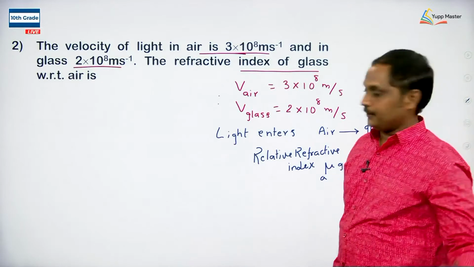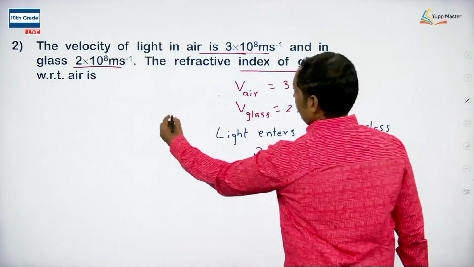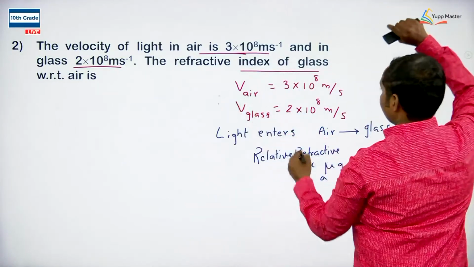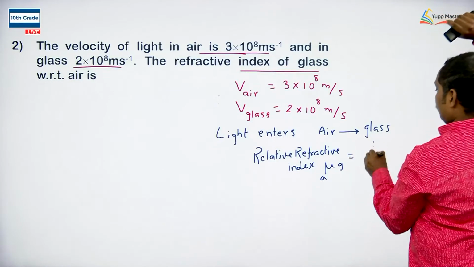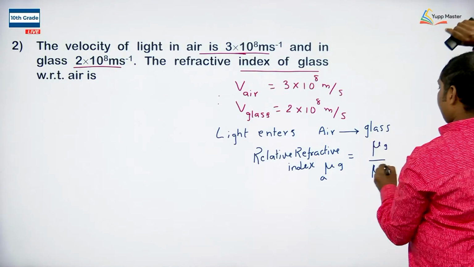Very simply, you will find that it is equal to mu g by mu air.